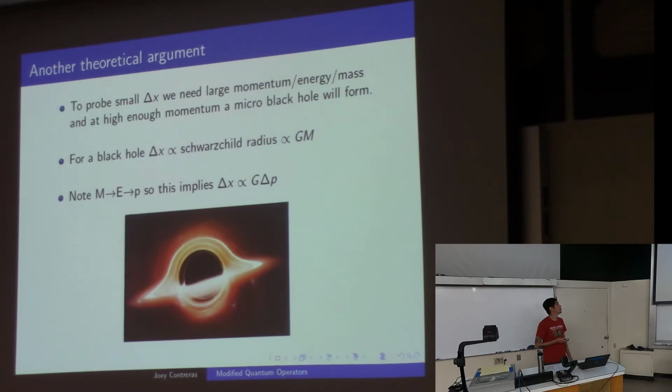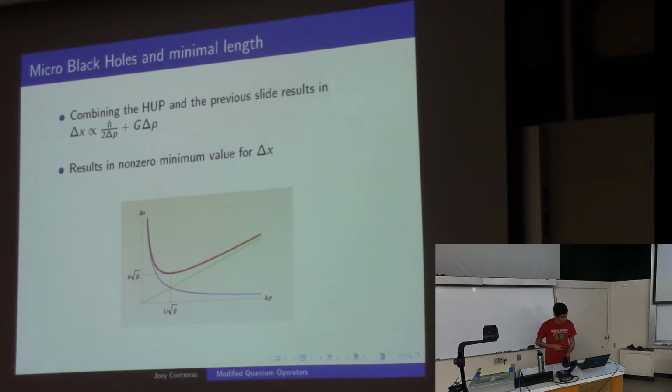So, to backtrack a little bit, we go from mass to energy to momentum. And so this relationship implies that the uncertainty in position is proportional to G times the uncertainty in momentum. So, combining the Heisenberg uncertainty relation and the previous slide results in the following proportionality relationship for uncertainty in position.